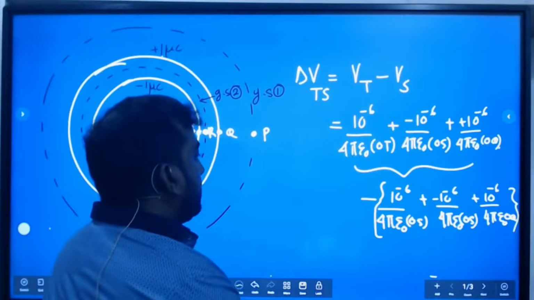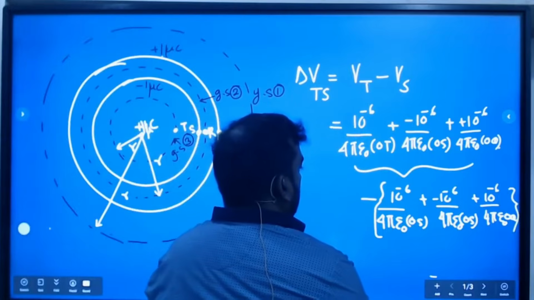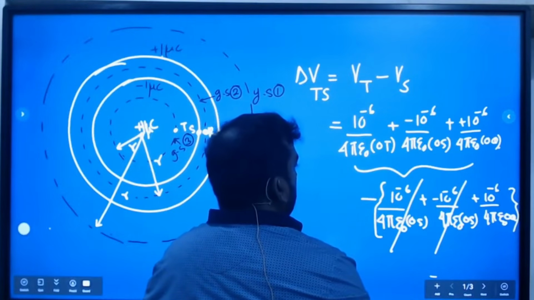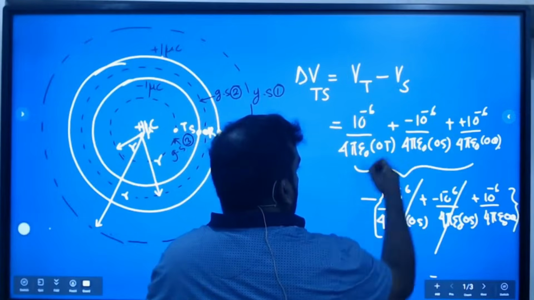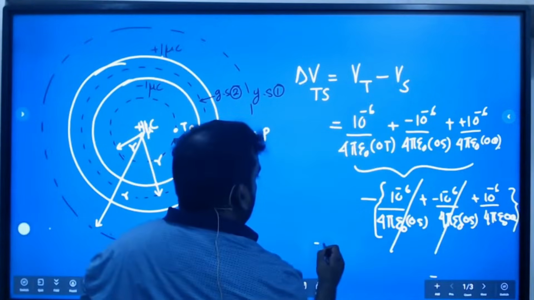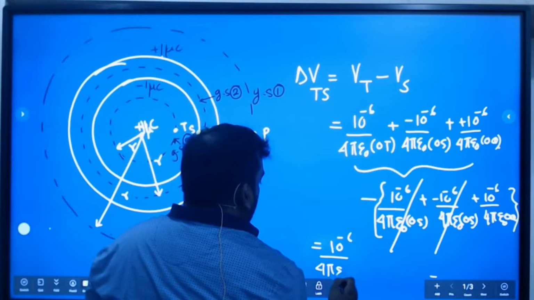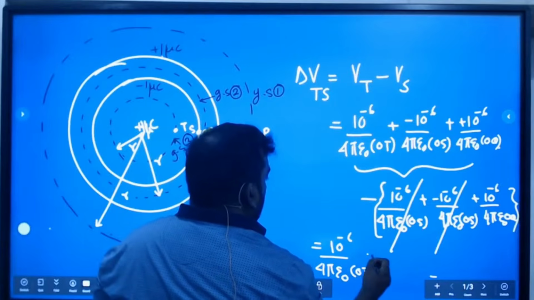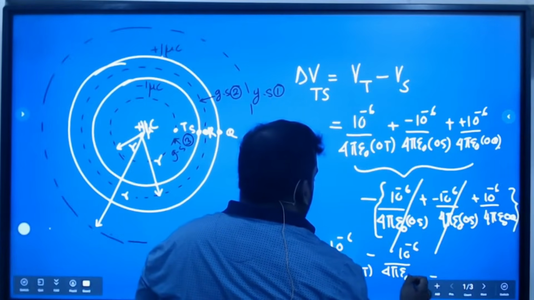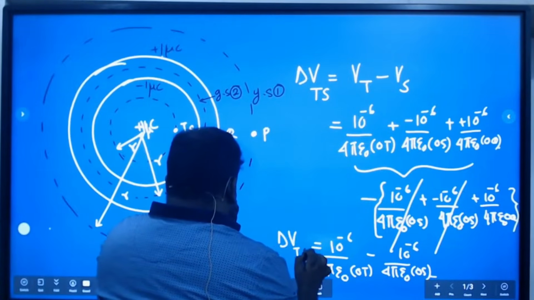Now let's work with this. These two cancel off. If I open brackets, these two also cancel. Finally, 10^-6 over 4 pi epsilon naught times OT, minus 10^-6 over 4 pi epsilon naught times OS. That is the potential difference between T and S.